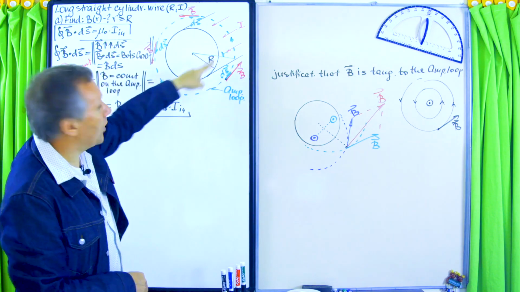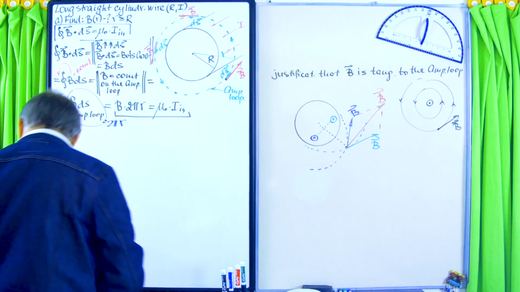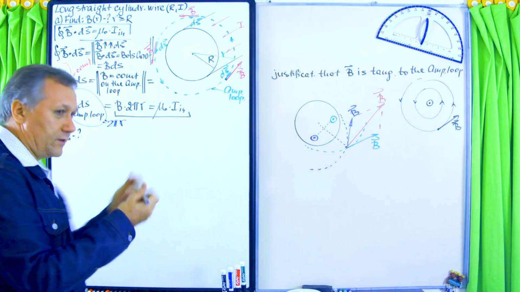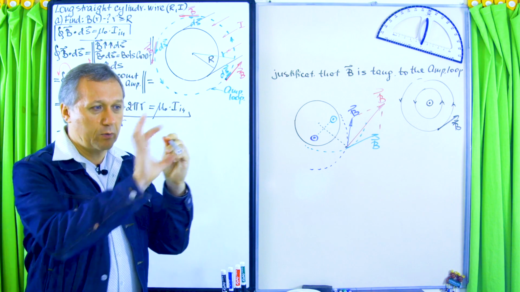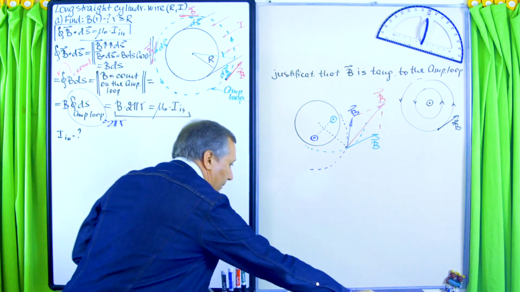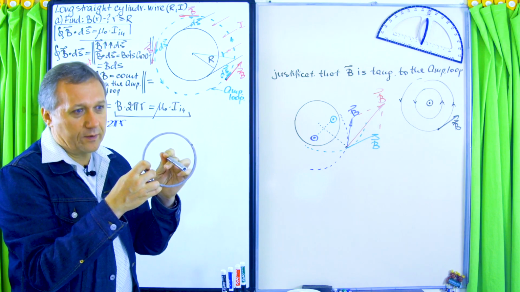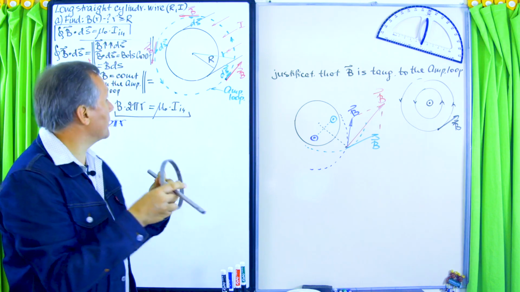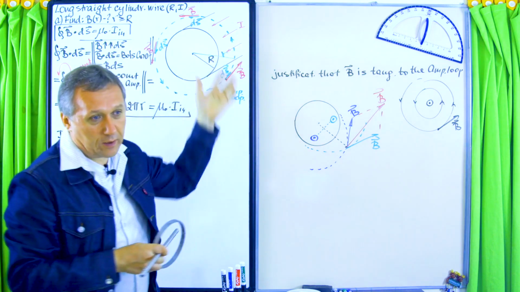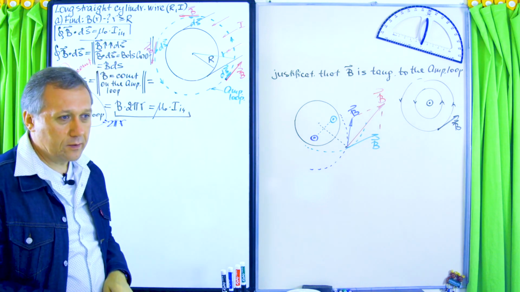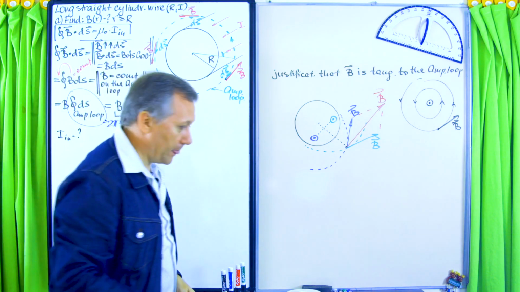So here's our wire, right? And our Amperian loop is this. So the whole wire is within. It means the total current I, this whole current I, is the enclosed current. In this case, it's very simple, right?